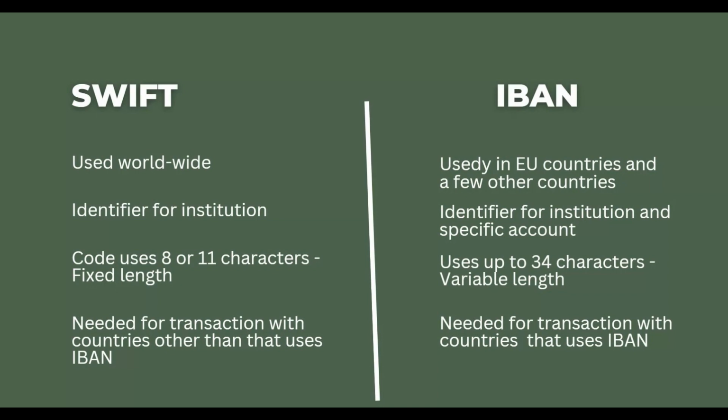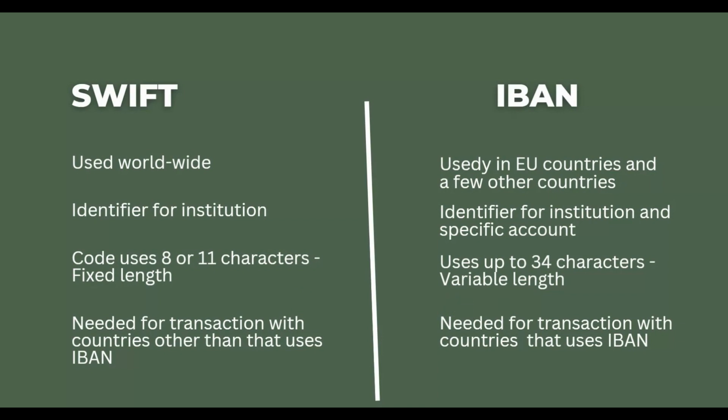But this is expanding fast, and as of July 2023, IBAN has 86 participants. SWIFT code is the identifier for the institution, but IBAN identifies the specific account number. SWIFT uses an 8 or 11 character fixed length code. IBAN uses up to 34 characters. The code has variable length.